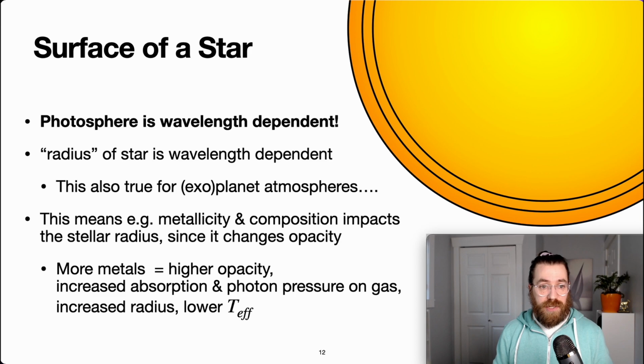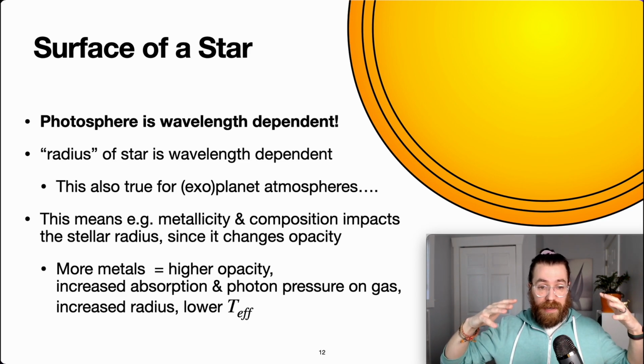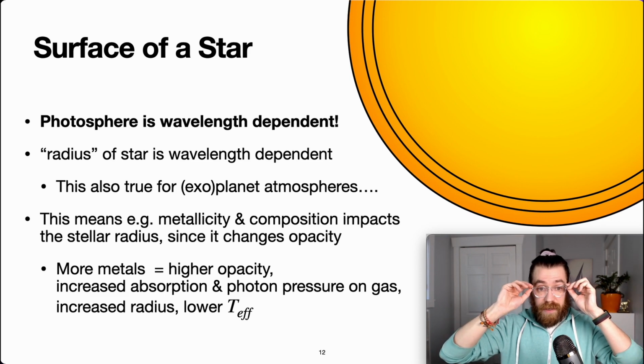It also changes the actual radius of the star. Metallicity, more metals create higher opacity. This creates typically increased absorption, and therefore the gas in the outer part of the photosphere will have more pressure on it from below the star, and then to remain in hydrostatic equilibrium, it moves out. And thus you get a bigger radius, and you lower the overall effective temperature.